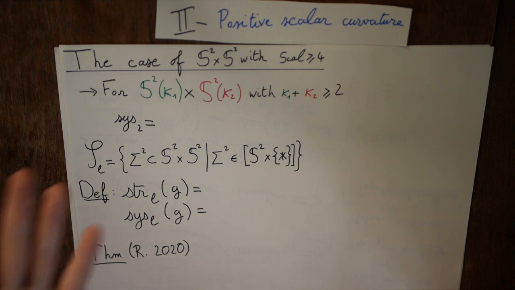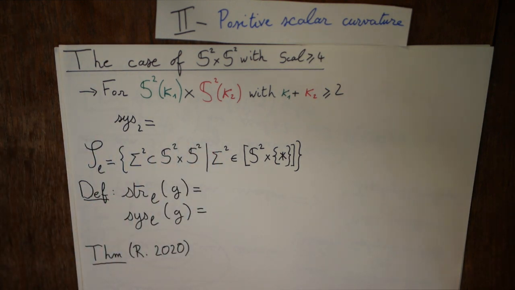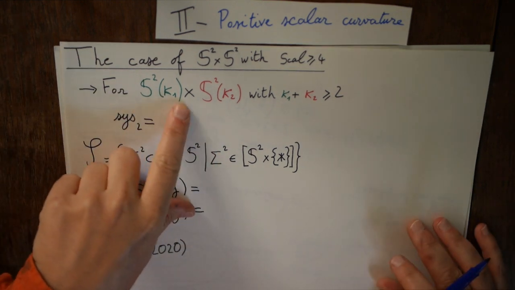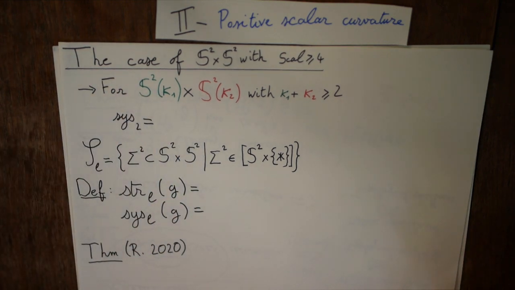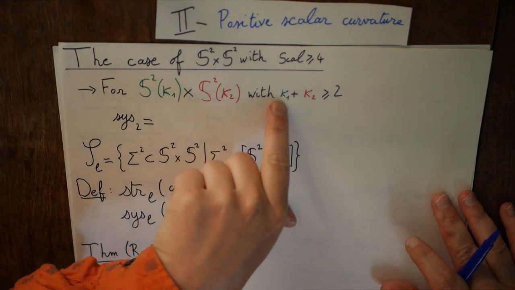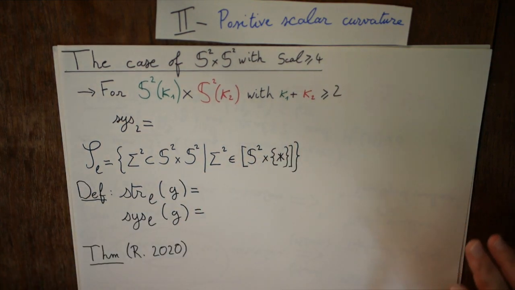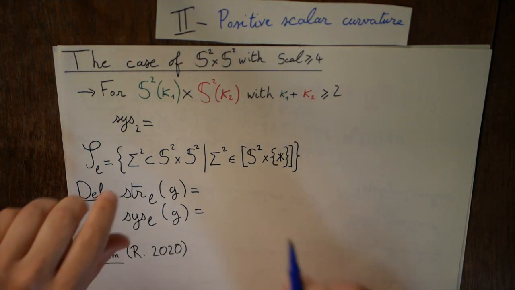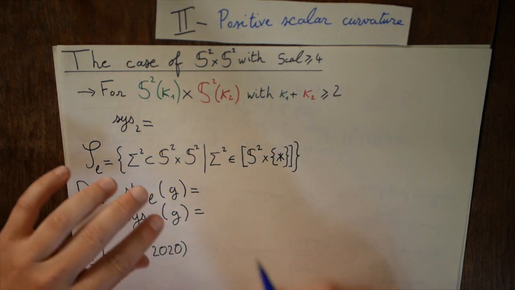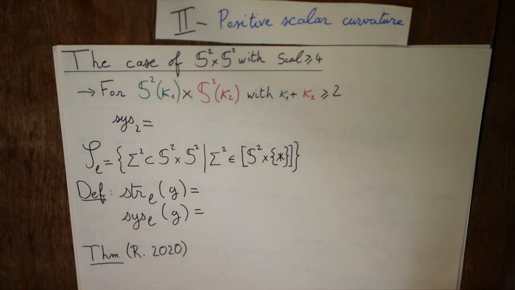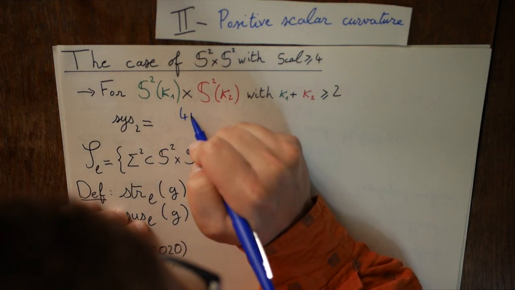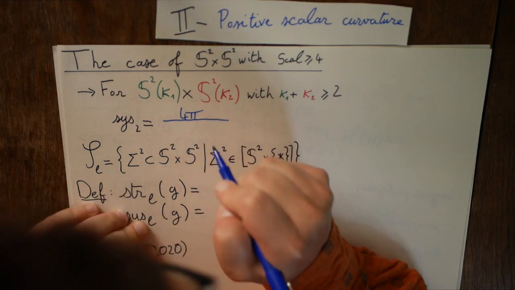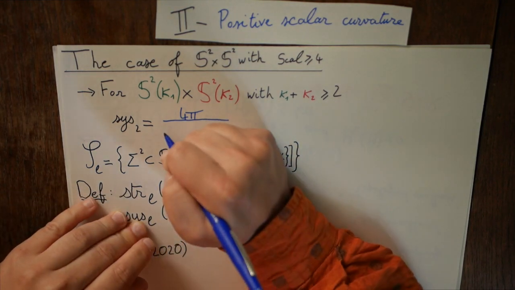So let's see what's going on if you take product of round metrics. So here S2 of kappa 1 will be S2 with a metric of constant curvature kappa 1, and our condition on the scalar curvature will be that kappa 1 plus kappa 2 is greater than 2. So in that case, the 2 systole is exactly the volume of the smallest of the two factors, which you can write in this form.